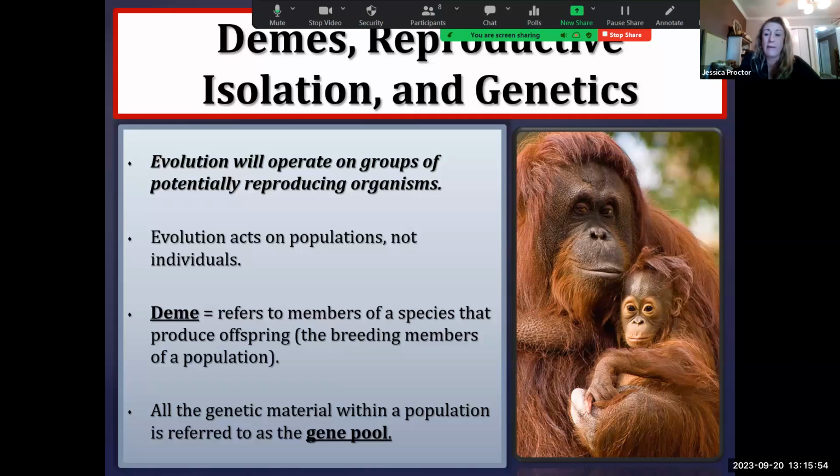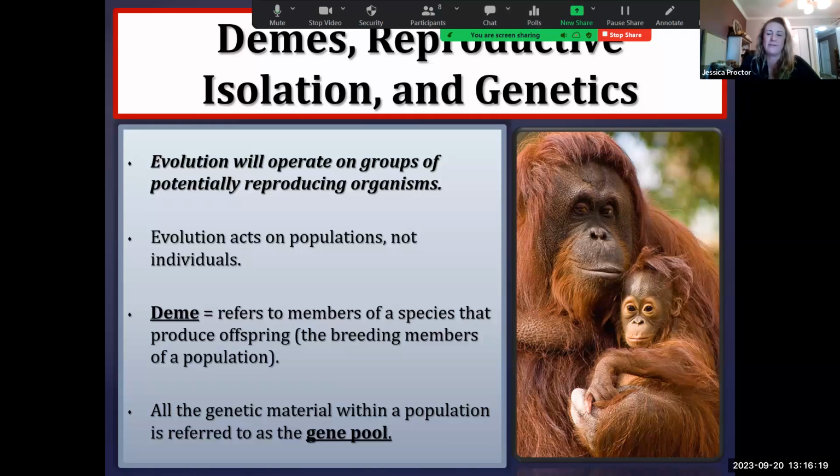So we have to study groups of interbreeding individuals, or a gene pool, in order to study evolution. That's why when you're reading about studies on evolution, sometimes it's on pea plants or bacteria or fruit flies or finches or rock pocket mice. Not because humans aren't interesting, humans are fascinating, but simply because humans live a long time.